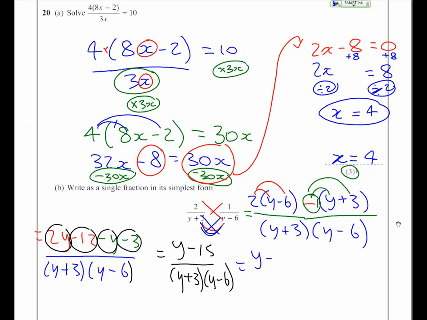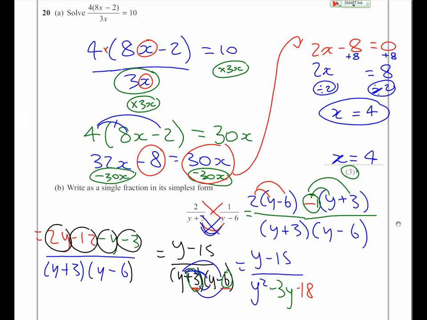You'll see what I mean in a minute. So y minus 15 over, let's expand out this with the banana method. So it's going to be y squared. There are shortcuts for doing this. You can add these numbers, 3 and minus 6, to get minus 3y, and times these numbers to get minus 18.